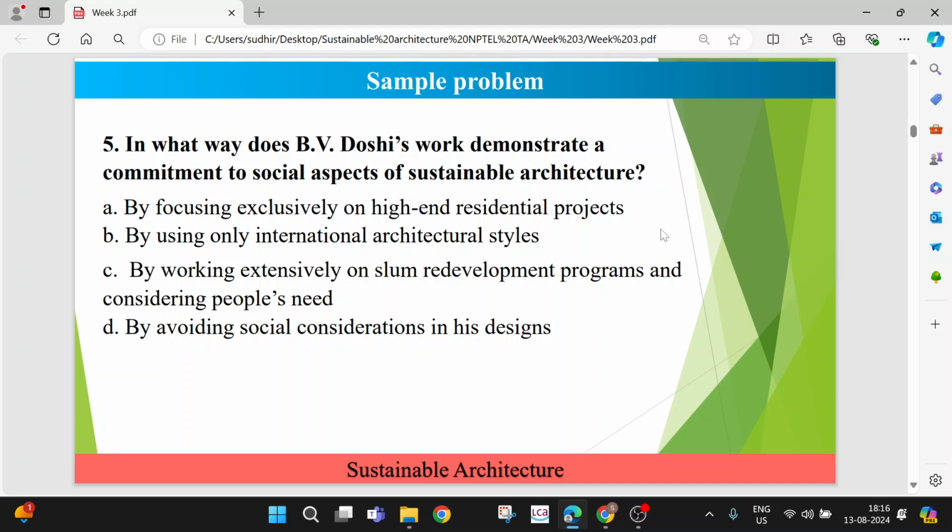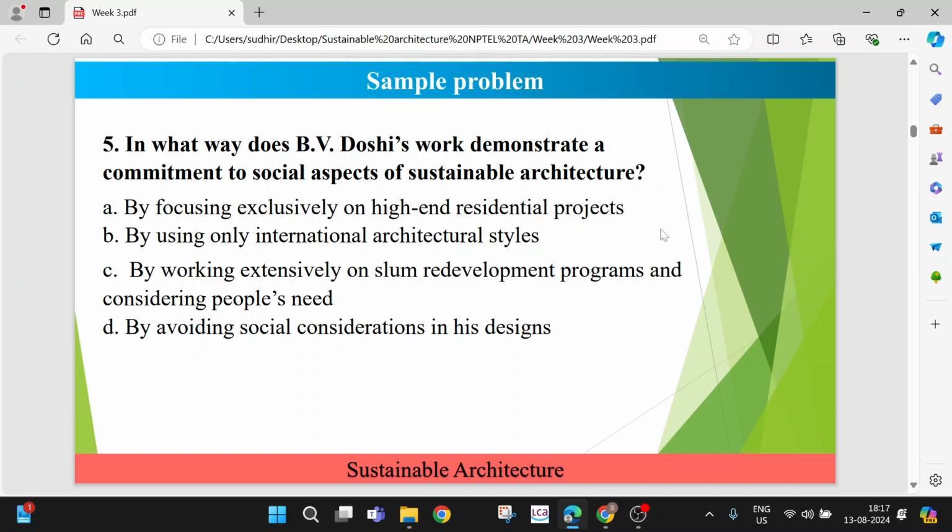Question 5. In what way does B.V. Doshi's work demonstrate a commitment to social aspects of sustainable architecture? All of you have given the right answer. For this particular question, option C is the right answer: by working extensively on slum redevelopment programs and considering people's needs. If you remember, more questions can be formed from B.V. Doshi's work.